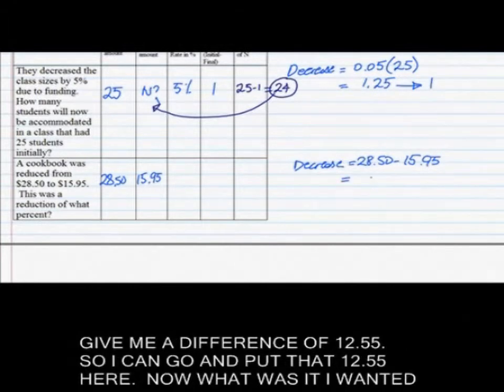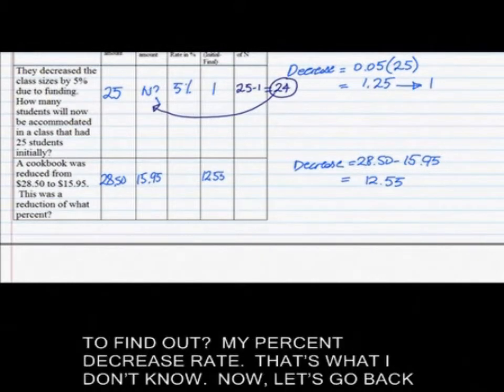That will give me a difference of $12.55. So I can go and put that $12.55 here. Now what was it that I wanted to find out? My percent decrease rate. That's what I don't know.